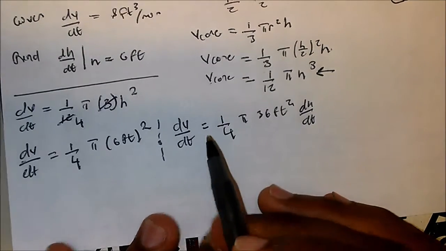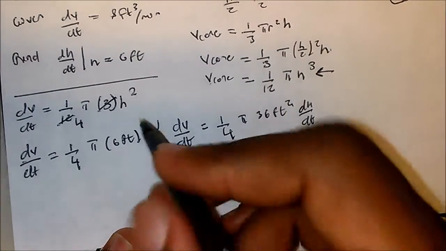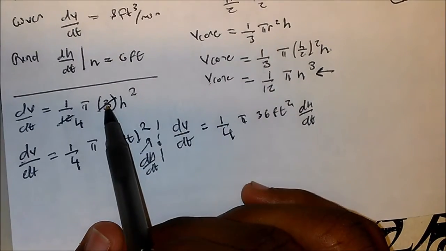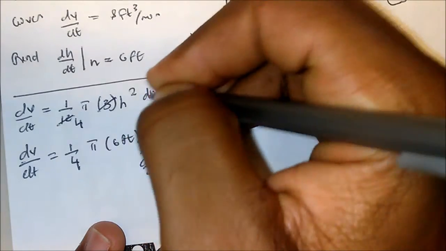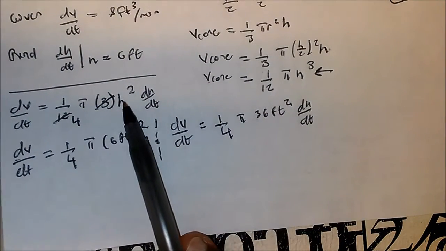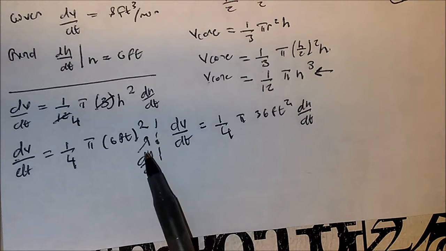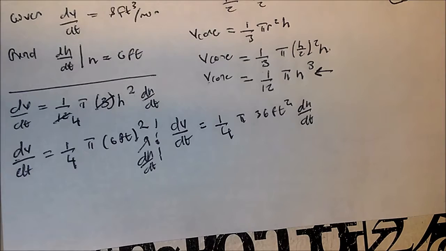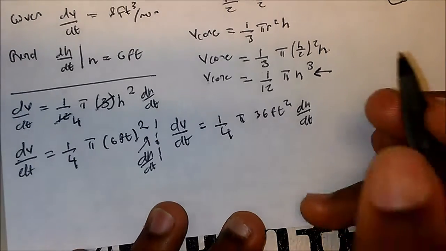I forgot my dh/dt as I was going along, so I'm sorry about that, guys. Here should be a dh/dt. As soon as I took the derivative of h, I should have had my dh/dt here. So I'm sorry about that. Follow me, guys.